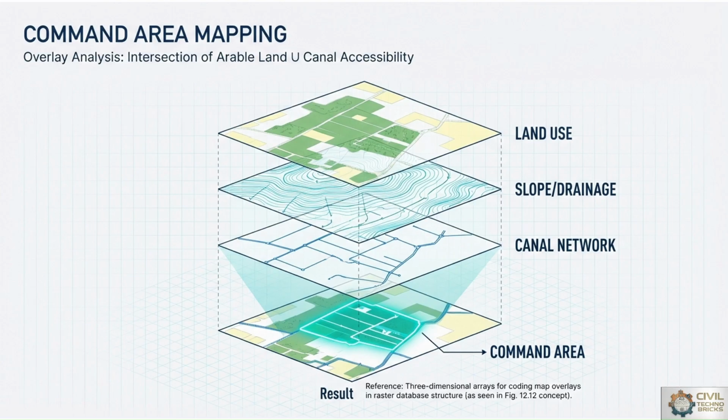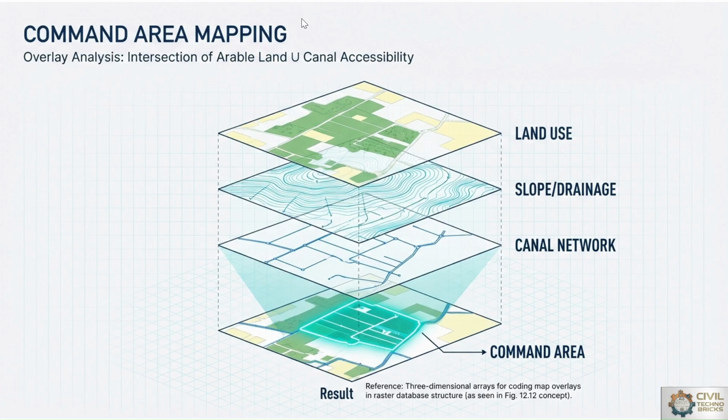For that purpose, the GIS model is used, where overlay analysis is done for n number of layers at the same location: land use layer, slope layer, drainage layer, canal network layer, command area layer, and likewise. So we have to focus on the arable land, so that we can distribute the actual water stored in the dam. Here overlay analysis is the intersection of arable land with canal accessibility.